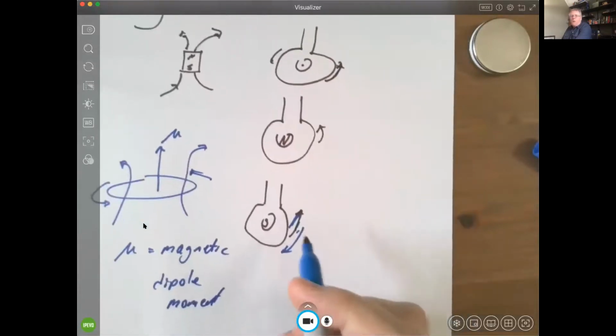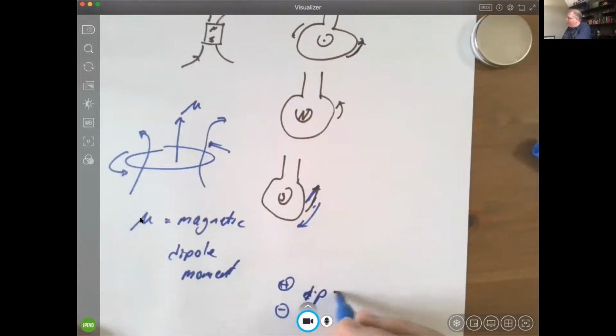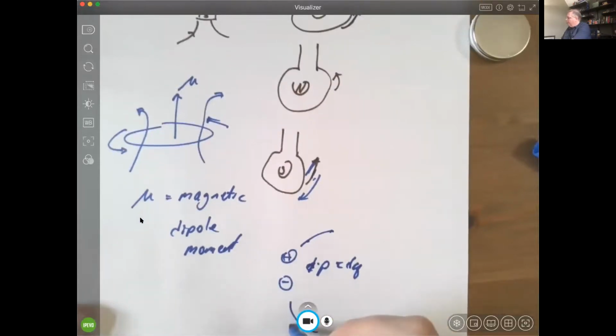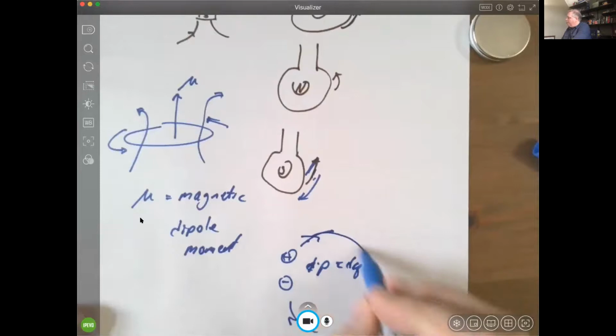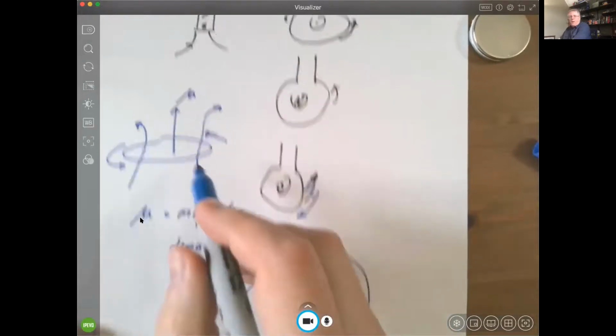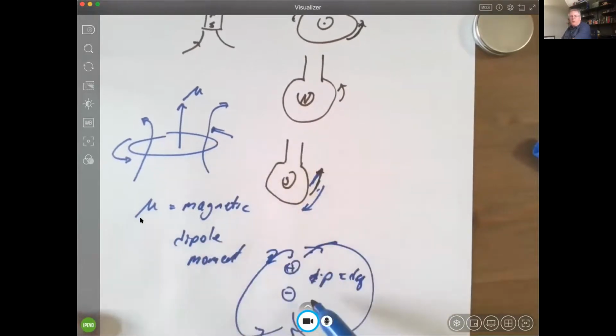You might recall we talked briefly about electric dipoles. This is an electric dipole, and it has a dipole moment of D times Q, which is how strong it makes electric fields. Guess what? These two pictures are identical. If I have a tiny little current loop, it looks just like having a little electric dipole.